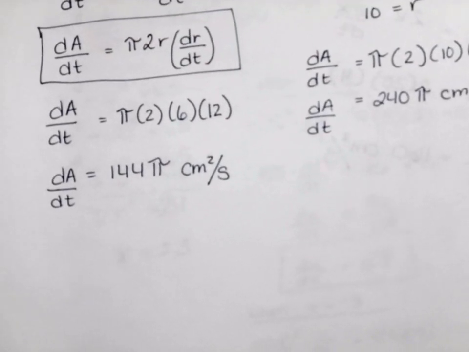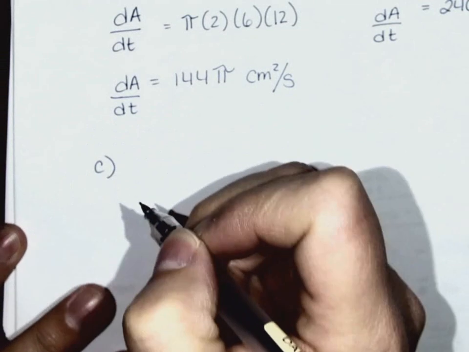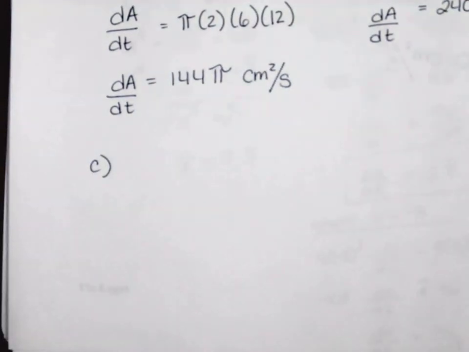Okay. C. After 5 seconds has elapsed. So t is going to equal 5. We're looking for the rate, right? We're always looking for the rate of the radius. Okay, so this is where I'm always trying to find the radius, like, I need the radius to put into the equation.